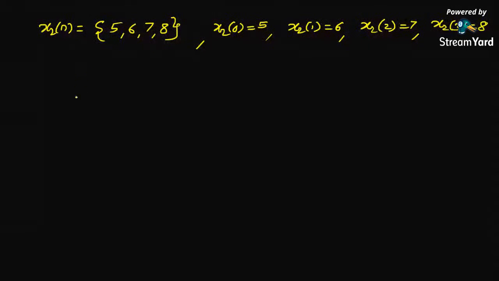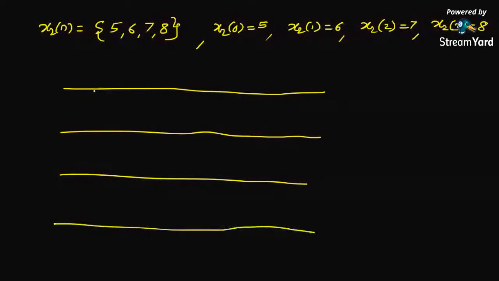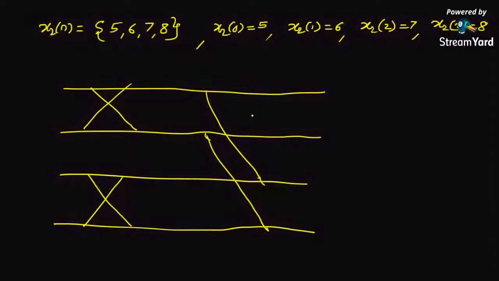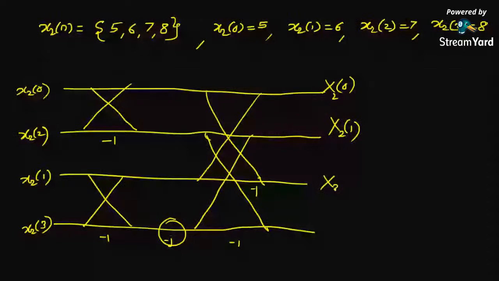Now draw the flow graph for finding the 4-point FFT, with minus 1 and minus j. The inputs are x2 of 0, x2 of 2, x2 of 1, x2 of 3, and the outputs are capital X2 of 0, X2 of 1, X2 of 2, X2 of 3.